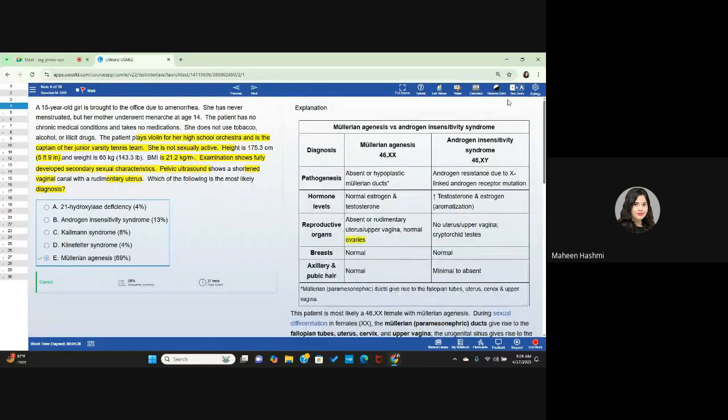What do you mean by 21-hydroxylase deficiency? Come on, guys, what does that mean?